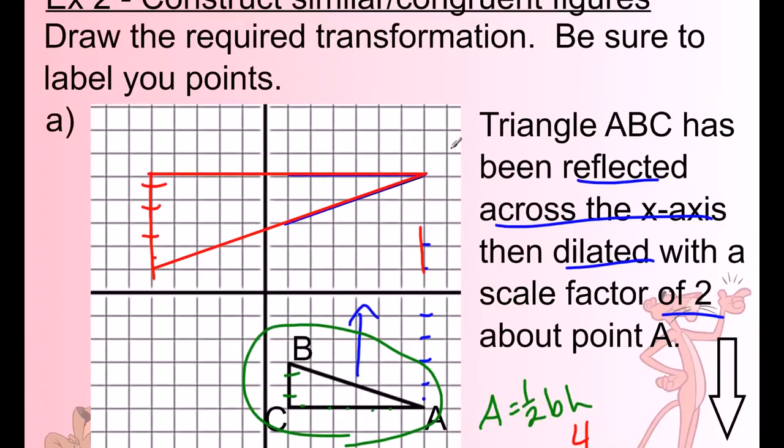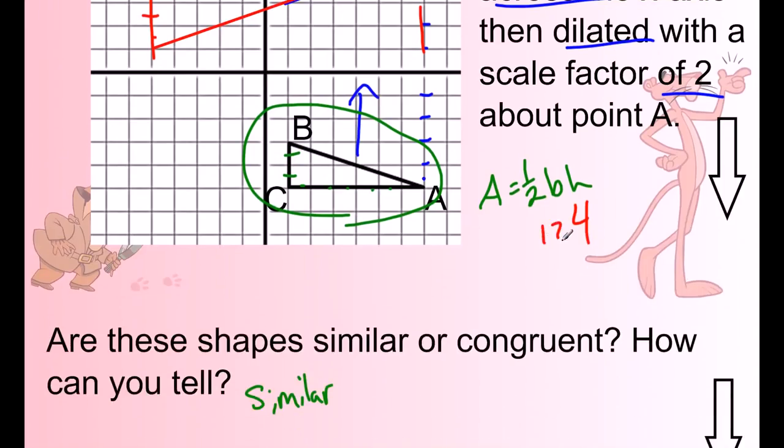The base, I can still use this as the base. 1, 2, 3, 4, 5, 6, 7, 8, 9, 10, 11, 12. And that should give me my area. And let's see, half of 12 is 6. 6 times 4 is 24.